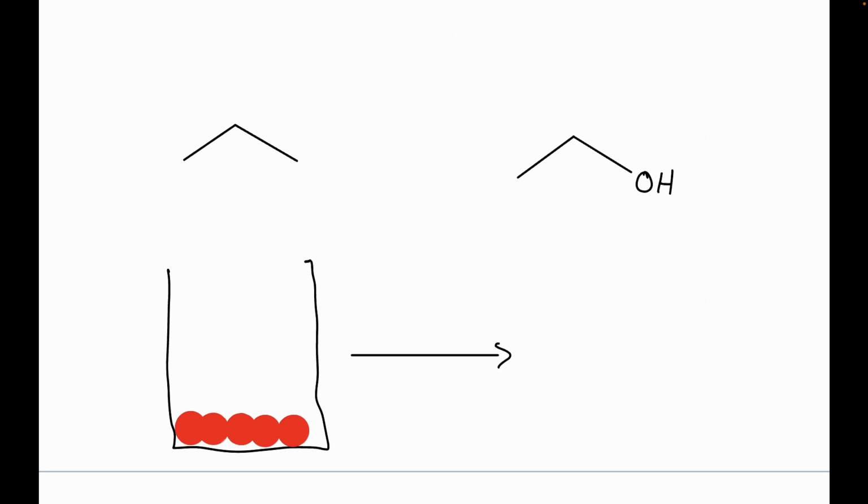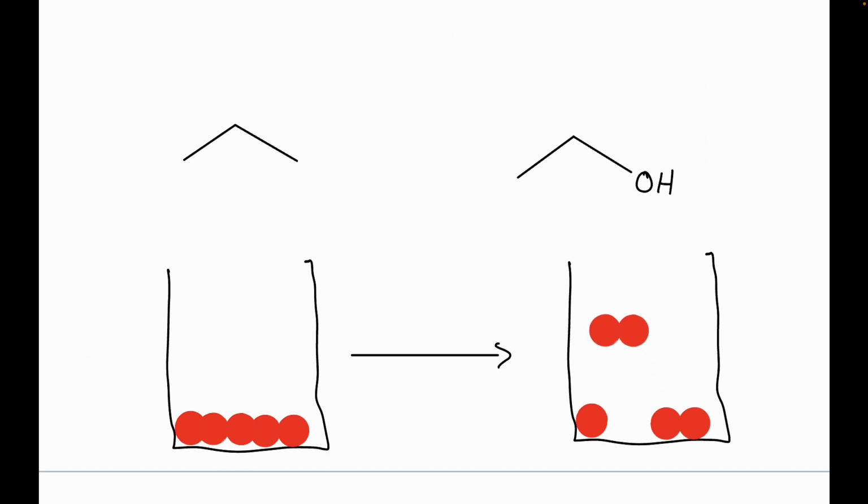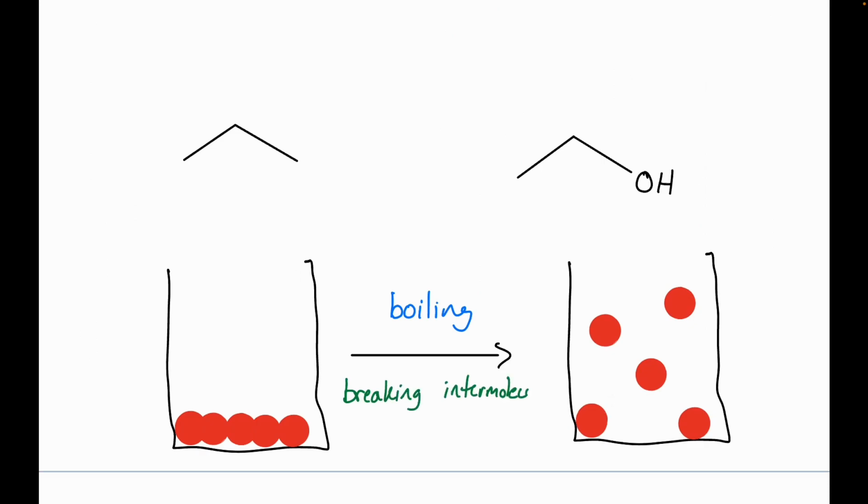If we then boil this substance, what are we doing? We're breaking those intermolecular interactions between those neighboring molecules. So this boiling point we really use as a stand-in, as a measure of how strongly neighboring molecules are interacting with one another. So when we say boiling, really what we're doing is breaking intermolecular interactions.